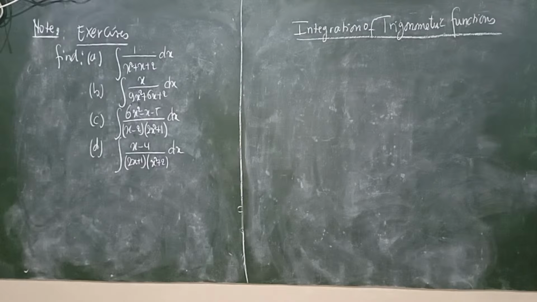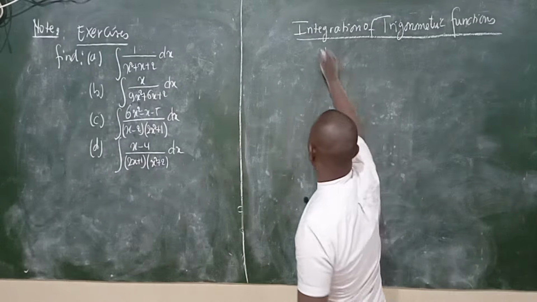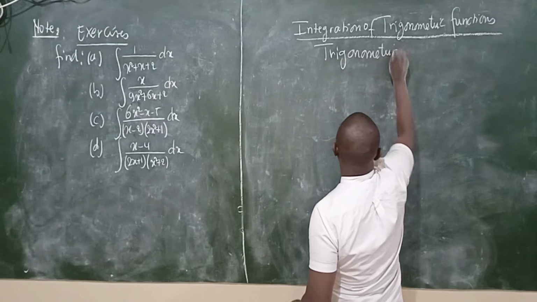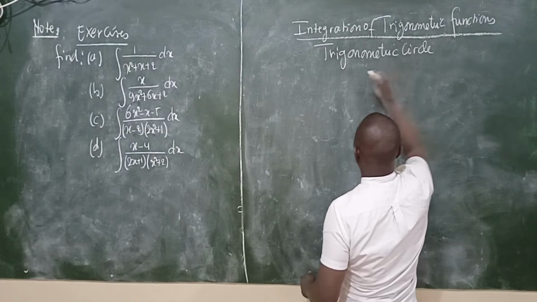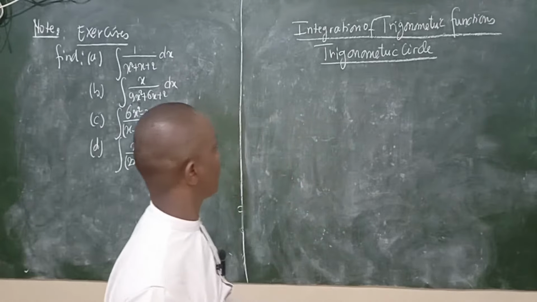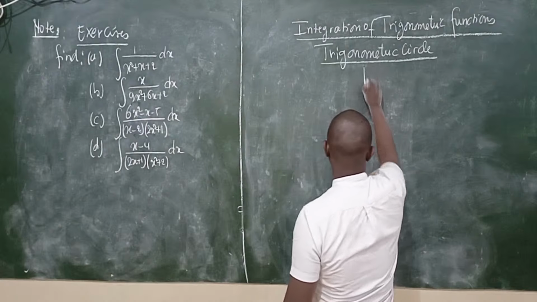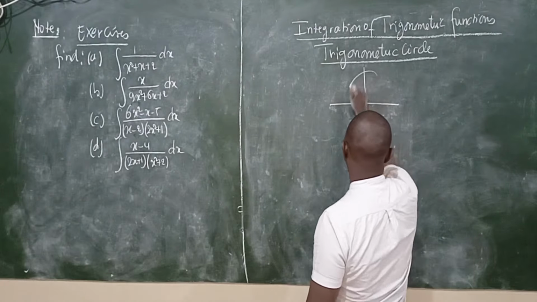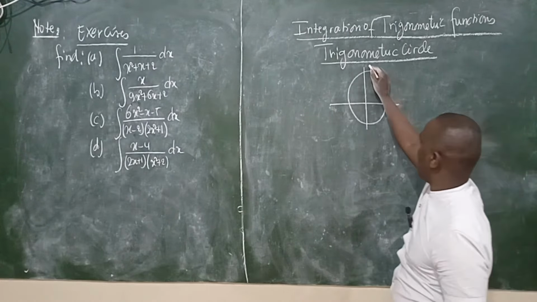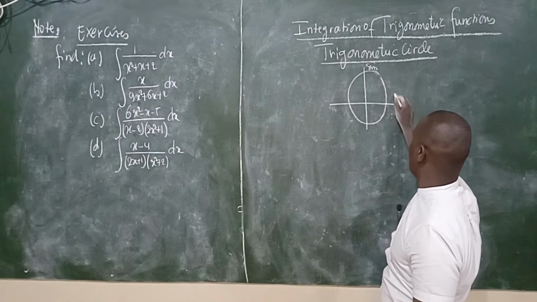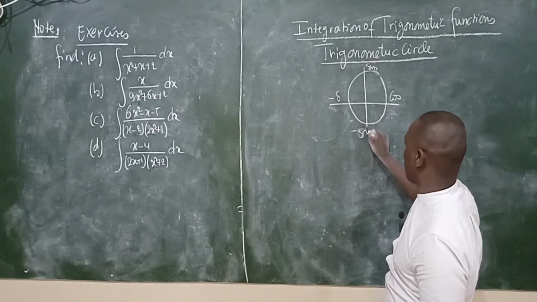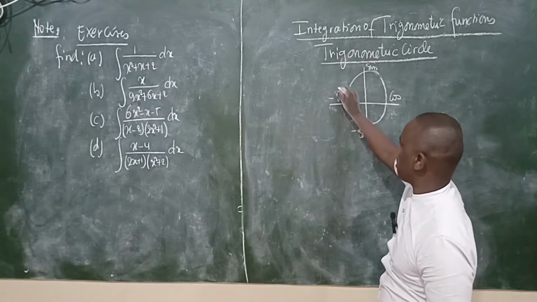Starting from the trigonometric circle, a unity circle, have here sine, here cosine, here minus sine, and here minus cosine.